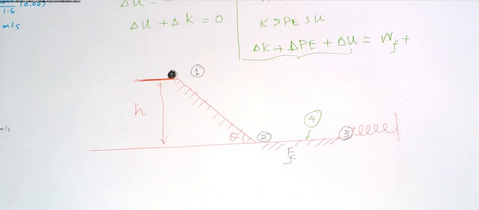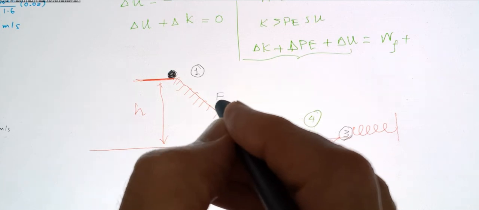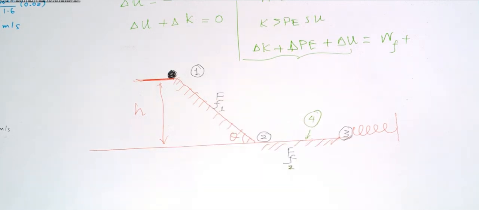So here, we can say this is a force of friction 2, and you have force of friction 1, because they are different. Okay, so if the question was to calculate the energy or whatever it is for point 3, I have to calculate for point 1, 2, and 4.